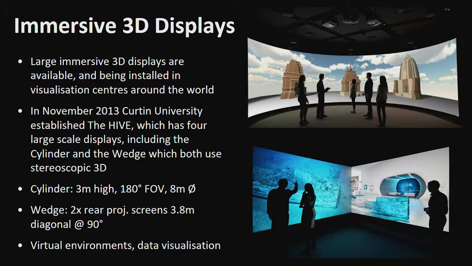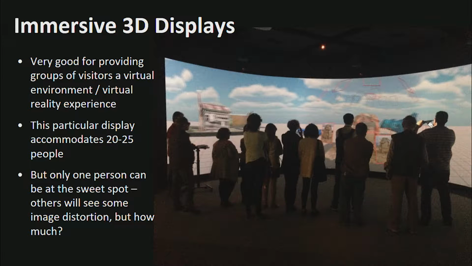We envisaged at the beginning we'd use them for a mixture of virtual environments and data visualisation. We found that the Cylinder display was extremely good for providing groups of visitors with a virtual reality experience, as I think it might have been Dan or Jürgen who commented about these types of displays being very good for group interaction.